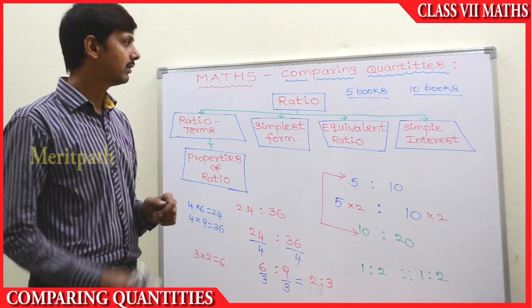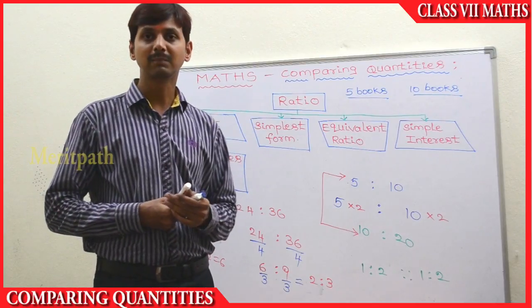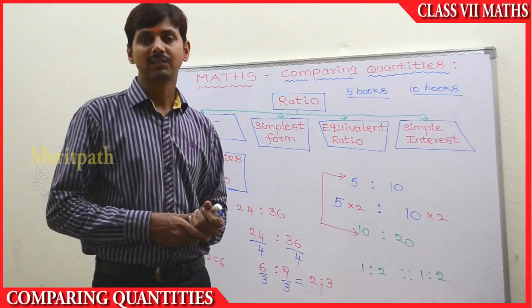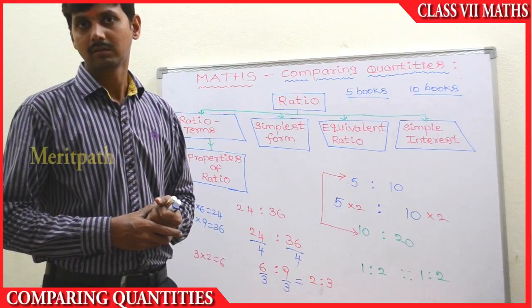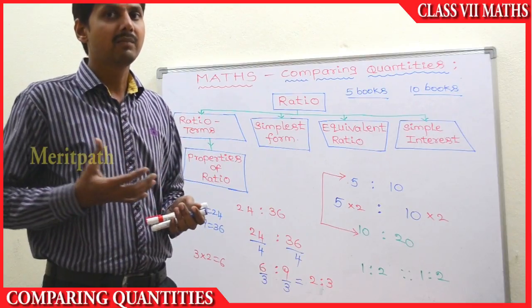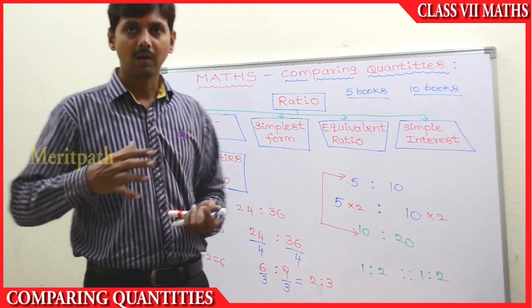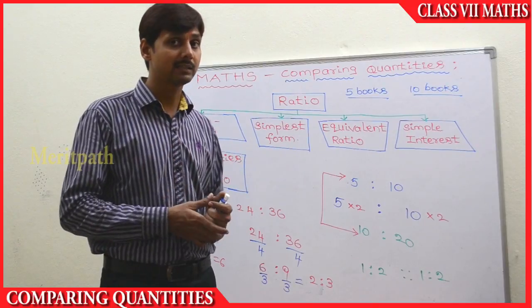simple interest. Earlier we discussed simple interest in previous classes. If we take a loan from the bank, for example we have taken 10,000 rupees from the bank for 1 year, and after 1 year we are going to pay back that 10,000.